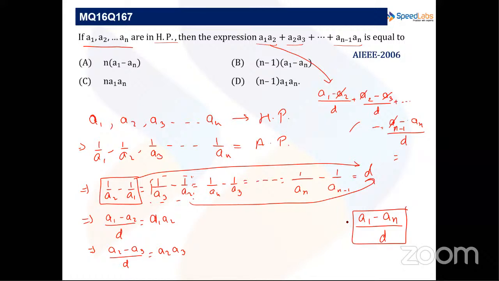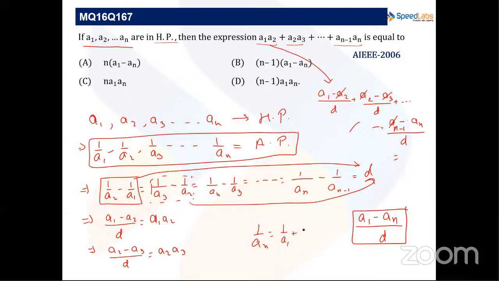Now we know that 1 upon an will be the nth term of this AP. So 1 upon an will be equal to 1 upon a1 plus (n minus 1) into d. So from this, 1 upon an minus 1 upon a1 equals (n minus 1) into d.